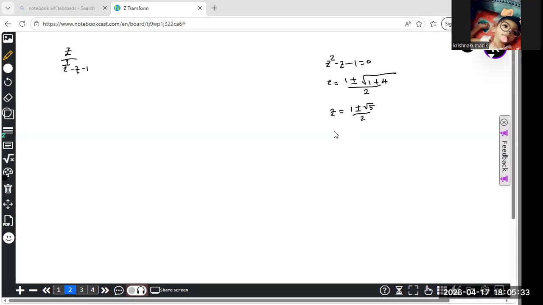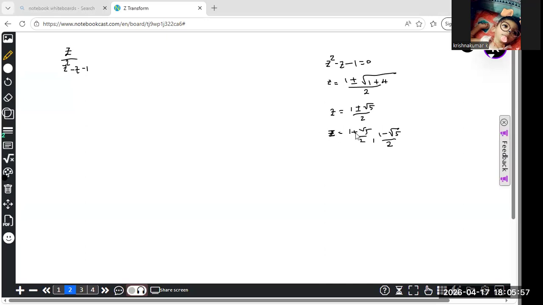One root of this expression is 1 plus root 5 divided by 2. Another root of this quadratic equation is 1 minus root 5 divided by 2. Now take these for our calculation part.